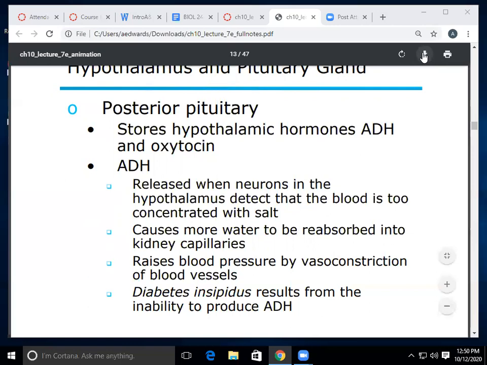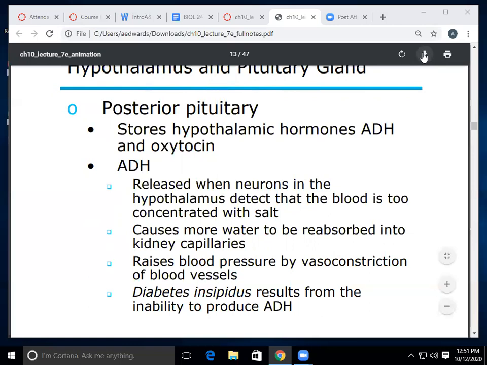The hypothalamus makes the hormones, and the posterior pituitary stores them and secretes them when it's necessary. We'll see that pattern play out in other areas as well, especially when we get to the pancreas.